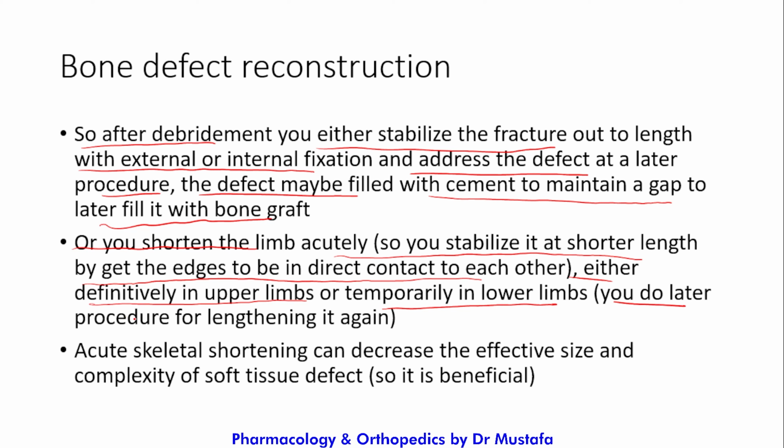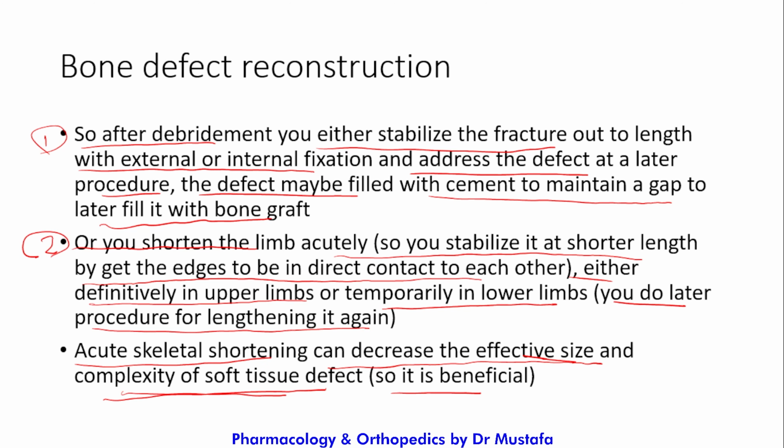You do a later procedure for lengthening it again. And acute skeletal shortening can decrease the effective size and complexity of the soft tissue defect, so it is beneficial. So if you use the second method here, this would be beneficial to the patient because it would decrease the effective size and complexity of the soft tissue defect.